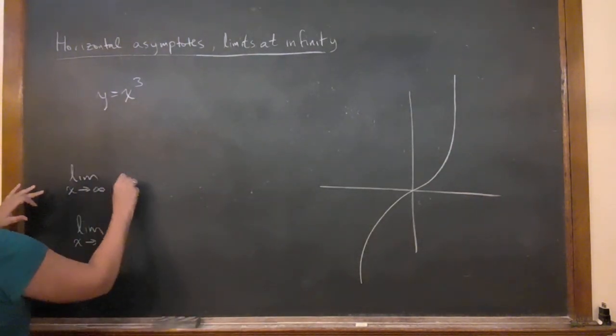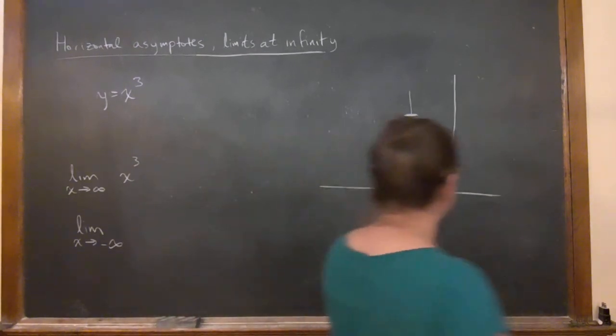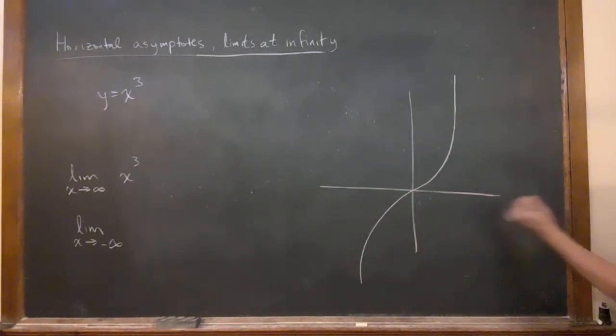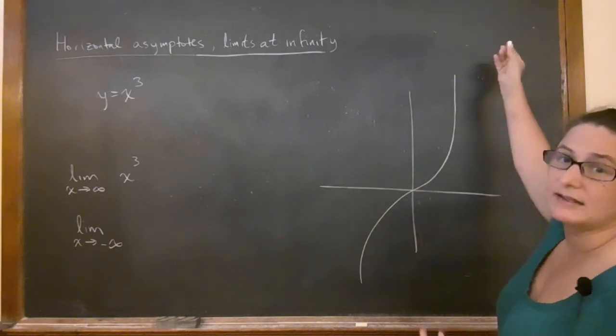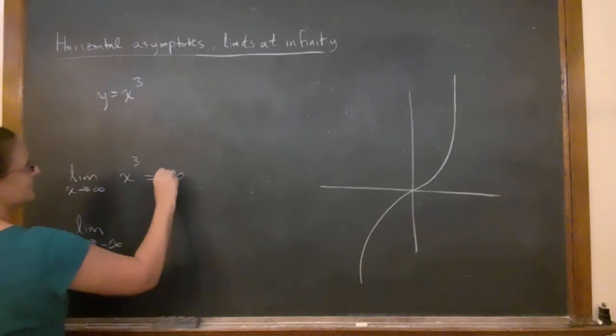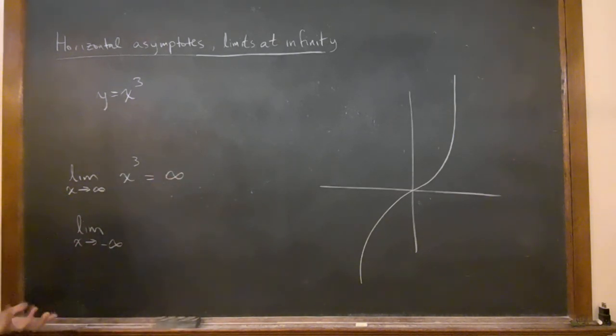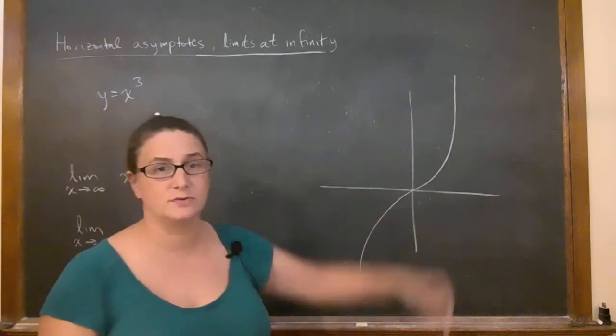So if I look at what happens with my function x cubed, where x is getting very large and positive, x cubed is getting very large and positive. So I would say that this limit doesn't exist, but I can be more specific and say that it grows without bound, it goes to infinity.